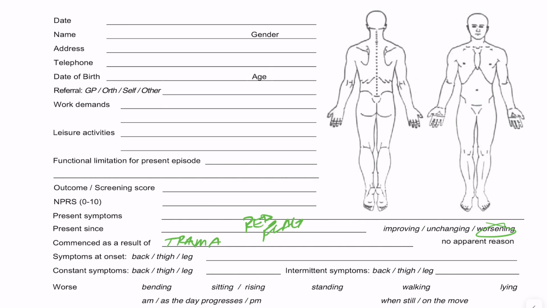Do they have neurological symptoms? Are the neurological symptoms progressively worsening? Somebody who has trauma and they're getting worse and they've got neurological symptoms that are getting worse, well, now you're really thinking, okay, this is somebody that we might need to get more information on potentially before we proceed, especially in a direct access situation.